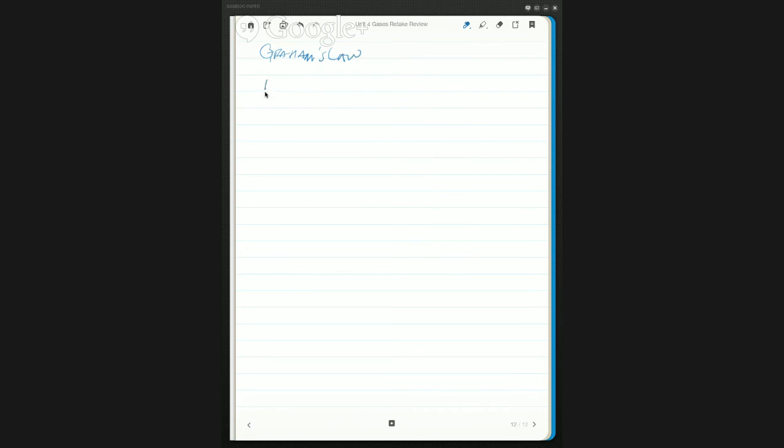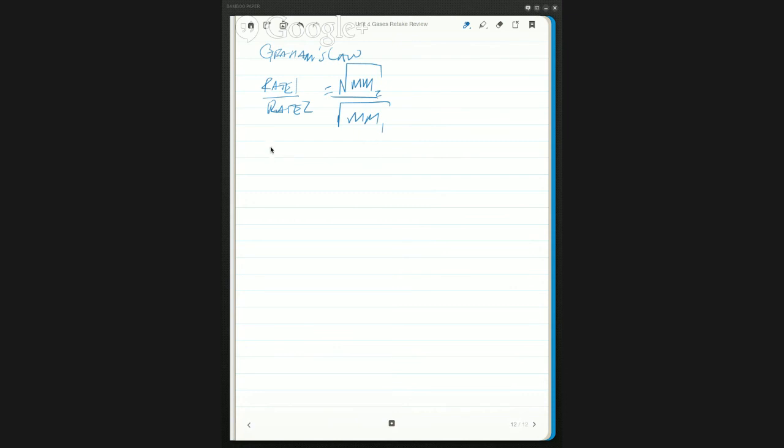And remember that it's the rate of 1 over the rate of 2 is equal to the square root of the molar mass of 2 over the square root of the molar mass of 1, okay?